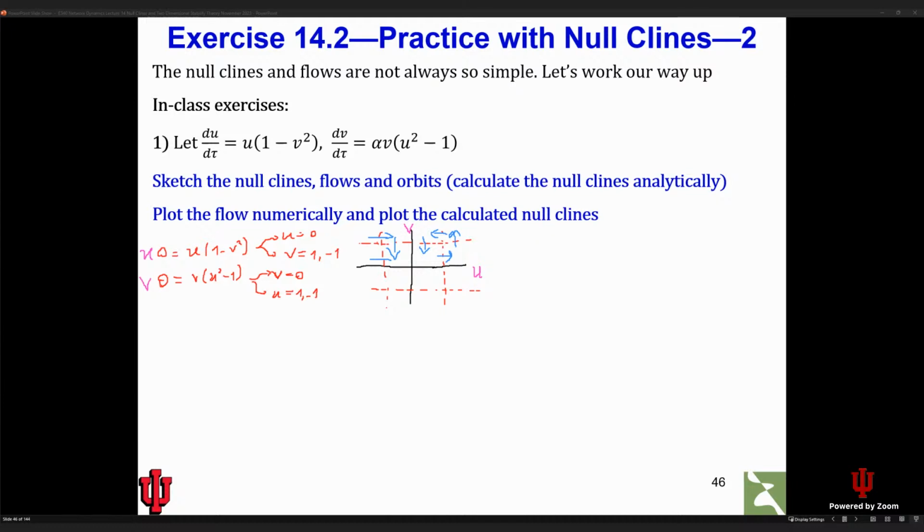Yeah, that's right. So the limit cycle is okay. So it looks good, right? Yeah, now I'm thinking about close to the V and U axis.